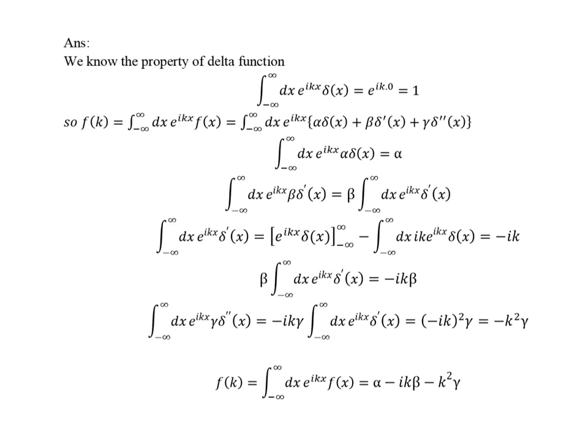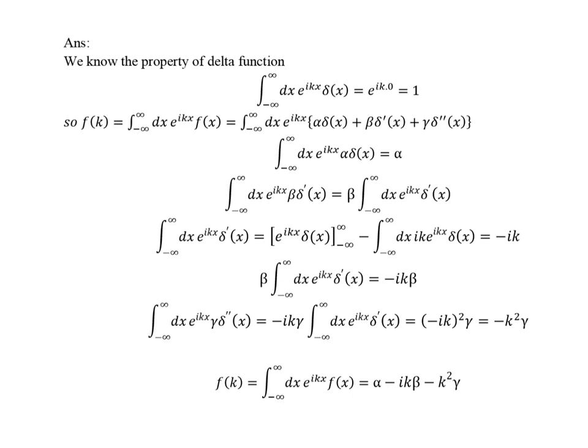Now we are asked to find the Fourier transform of f of x, where it contains delta x, delta prime x as well as delta double prime x. So we individually take each one out and solve it out. So let us first consider alpha delta x. The Fourier transform of alpha delta x is alpha, and in order to find the Fourier transform of beta delta prime x, we had to integrate by parts one time.